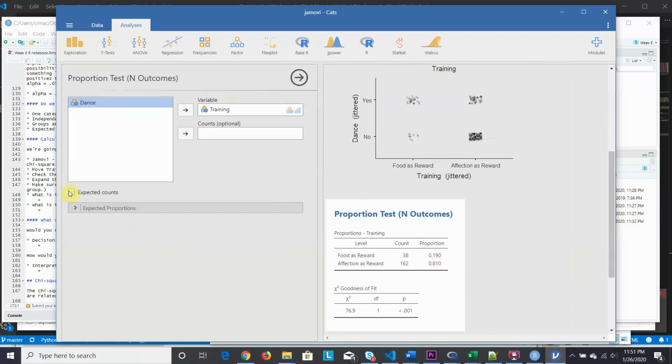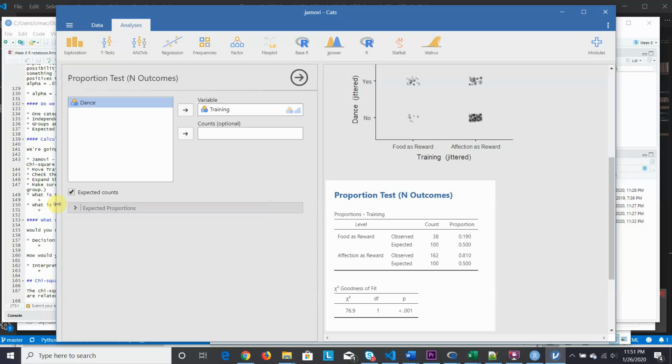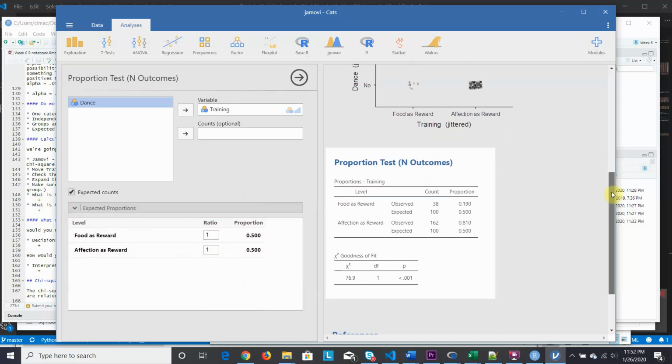We're going to go ahead and click on the box for expected counts so we can see those there. This defaults to giving us the same number in each group, but you could change these ratios and change these proportions, but we're going to leave that how it is.